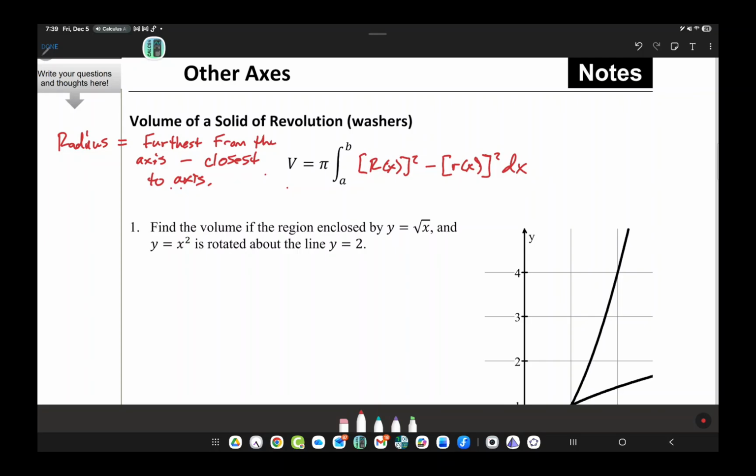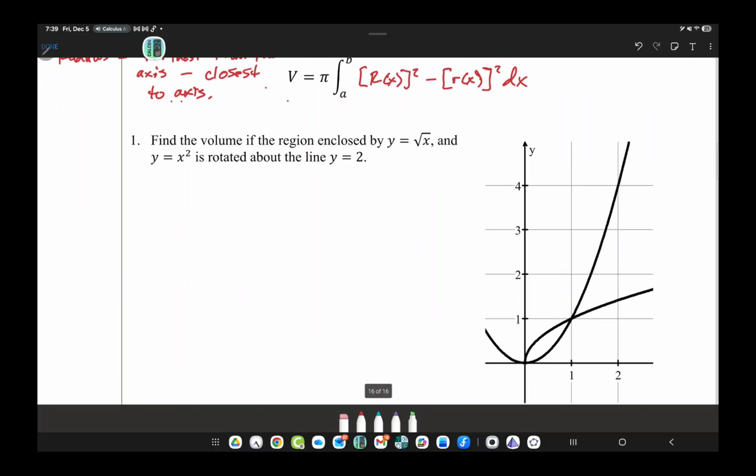So here, we are going to be revolving this around the line y equals 2. So I'm going to do a little dash line around y equals 2. In this case, my radius, since the line of revolution, y equals 2, is furthest from the x-axis, that is going to go first.